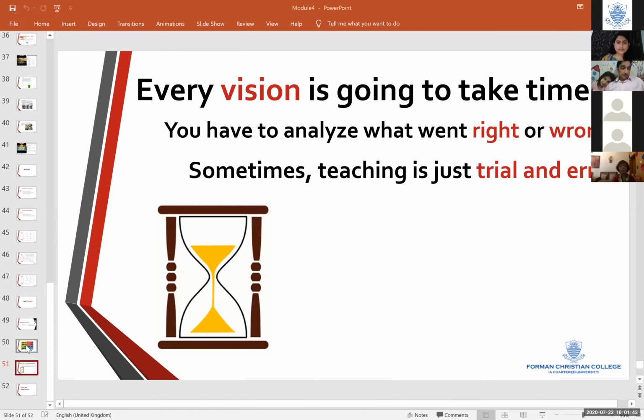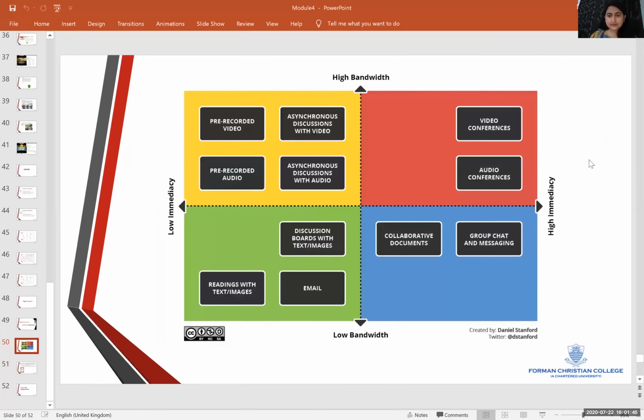So this is an indicator created by one of the educators called Daniel Stanford, and this is very useful in this time of crisis and online learning. This indicator basically tells you which app to include in your class and which app to not include in your class with these small highlights over here.